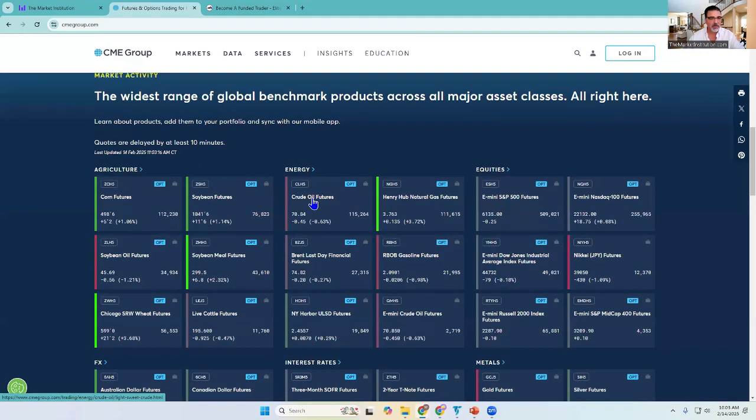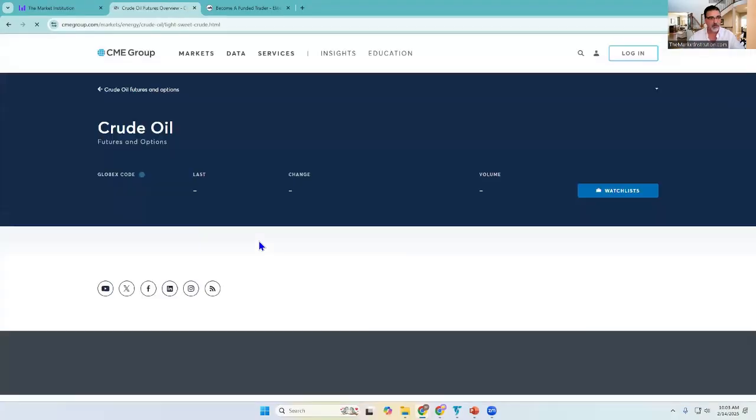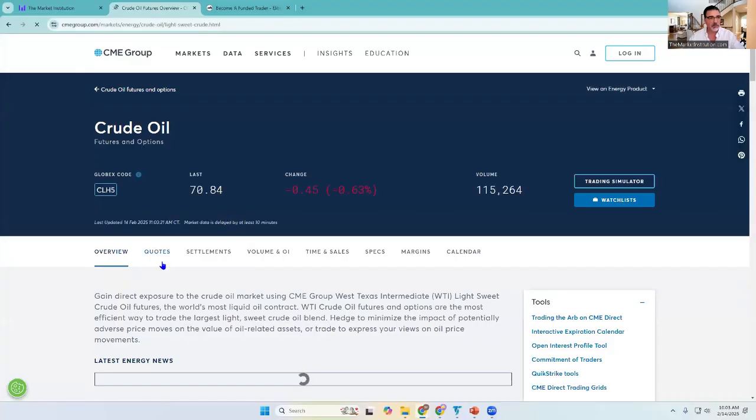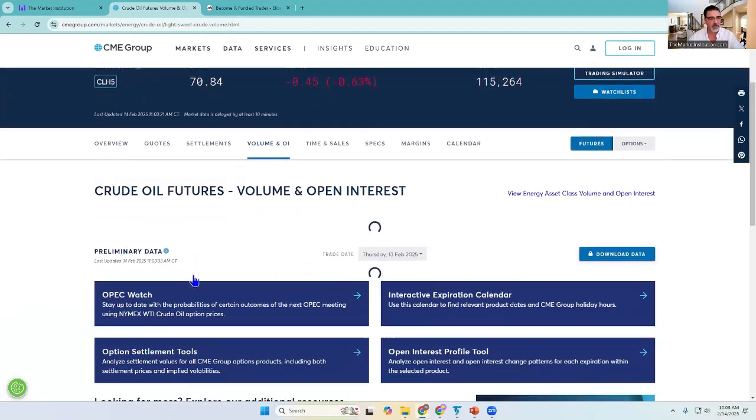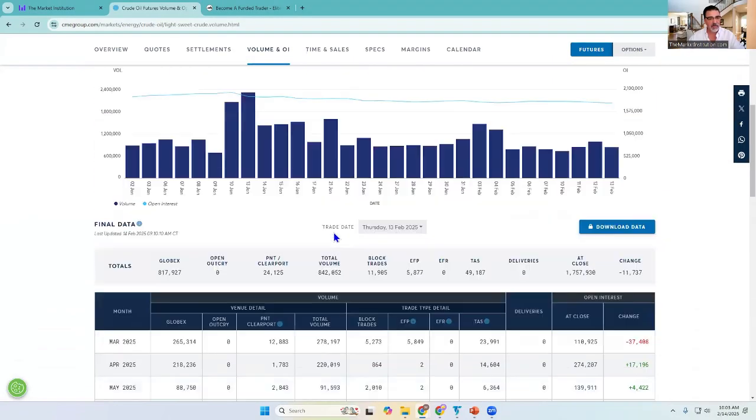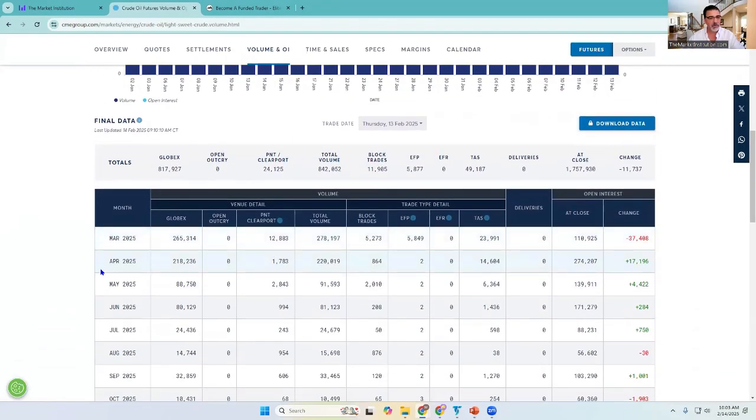Let's just take crude oil futures since we're looking at contract rollover yesterday. As we bring it up, we can look at the volume and open interest, where we can verify which month has the most traded volume.